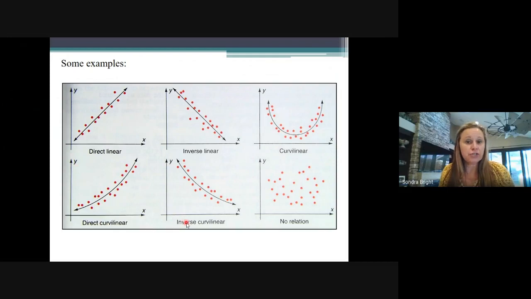We have inverse curvilinear, where again they're not in a straight line but kind of curving, but inverse meaning as x is increasing, y is decreasing. And then you've got all these randos. There's absolutely no relationship whatsoever here. They're just completely random. Okay, so those are some examples.